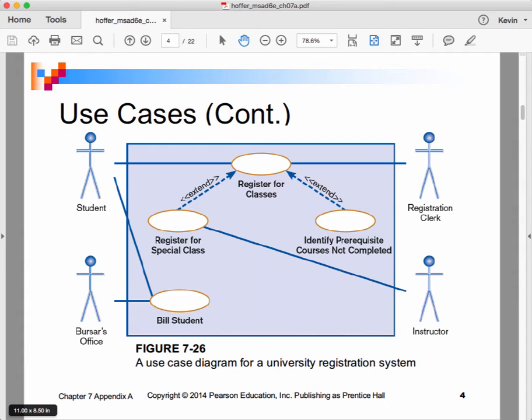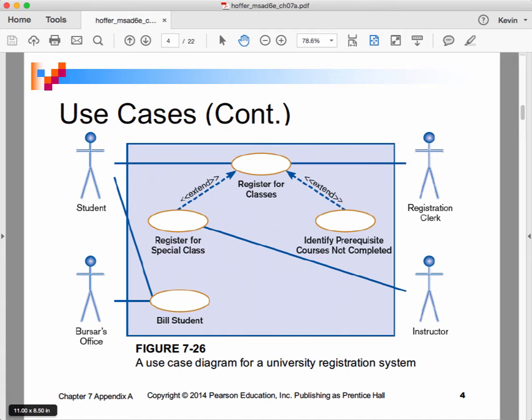A bad choice would be something like enter user ID. Okay. It's certainly an action. All right. It certainly has to go on, but it's not significant in terms of a whole job getting done for one of the actors.